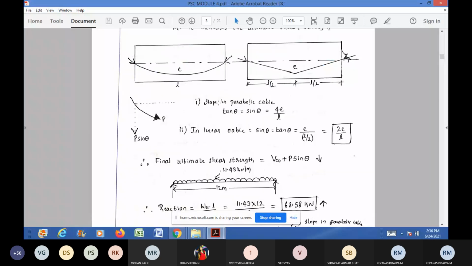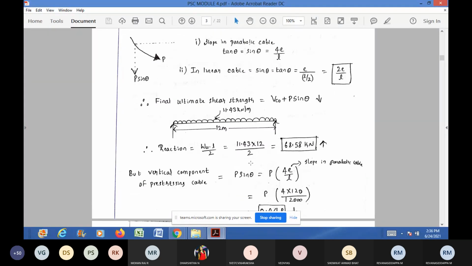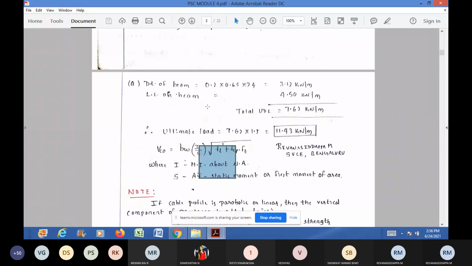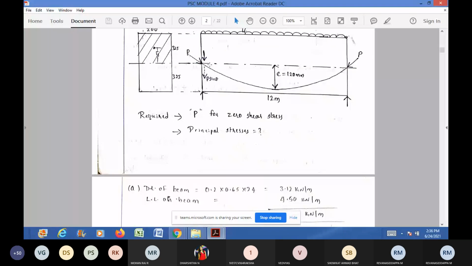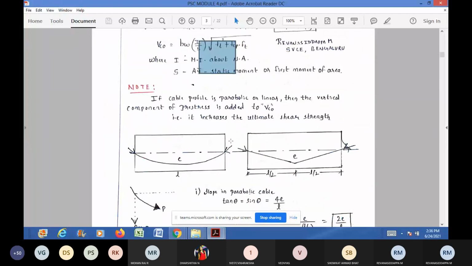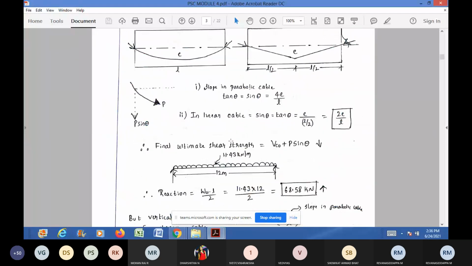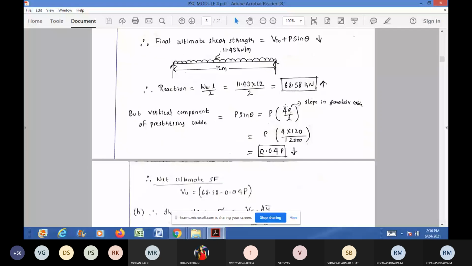Now you calculate P sin theta. Sin theta you don't know. The inclination of the cable is not given here. But we have a formula to calculate the value of sin theta for a parabolic cable. For a parabolic cable, sin theta is equal to 4e by L. Remember, P sin theta, P is unknown.